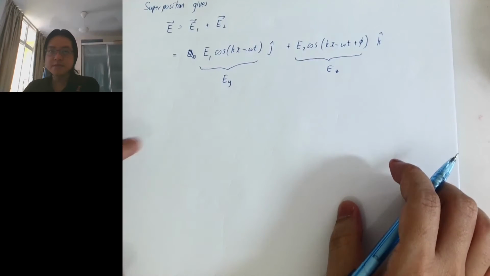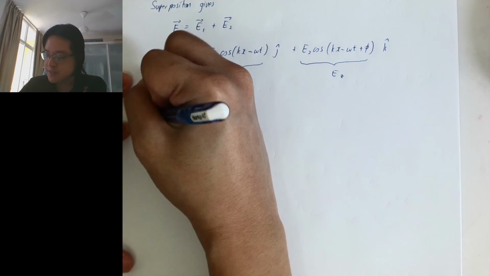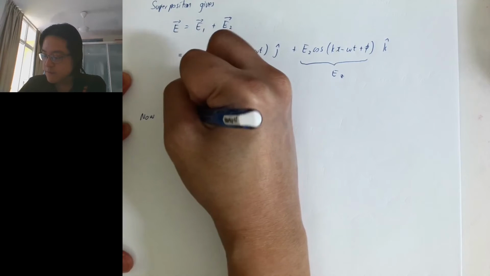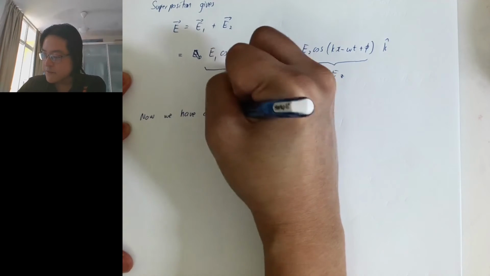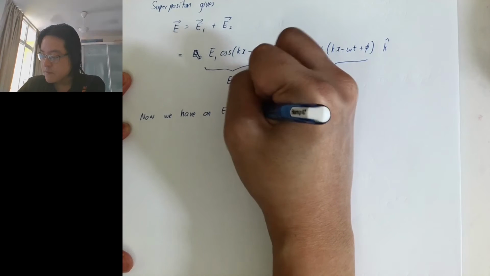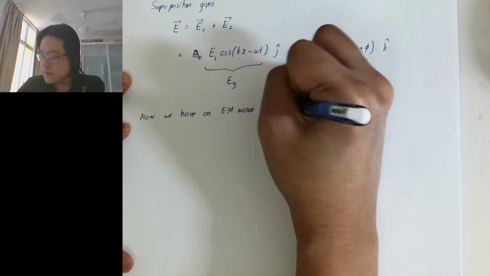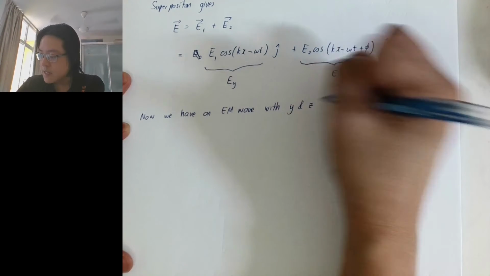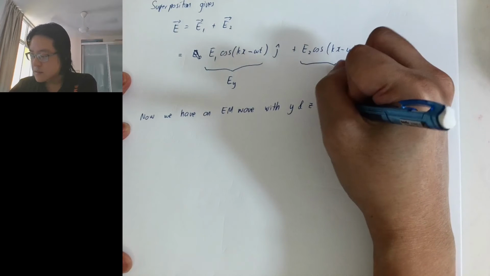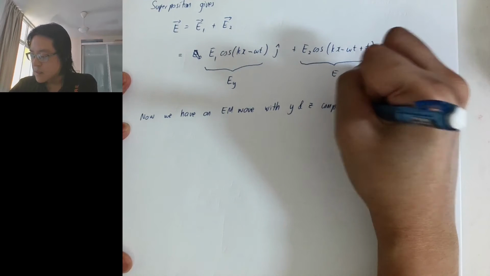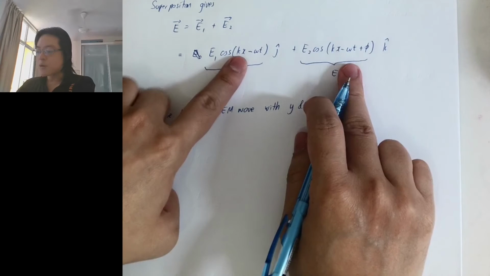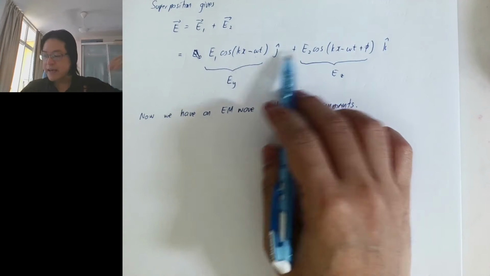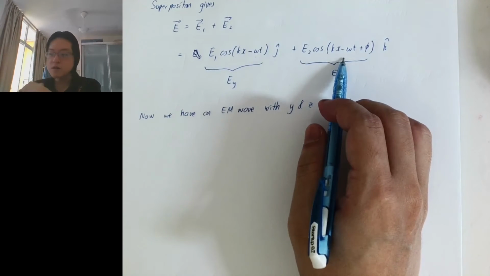So basically, let me just write this. Now we just have an EM wave with y and z components. And each component is a function of kx, of course, and also omega t.